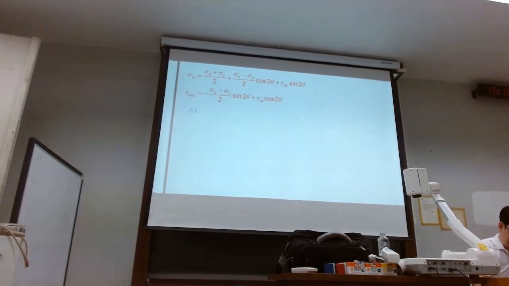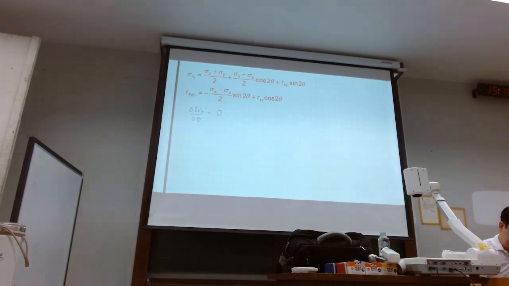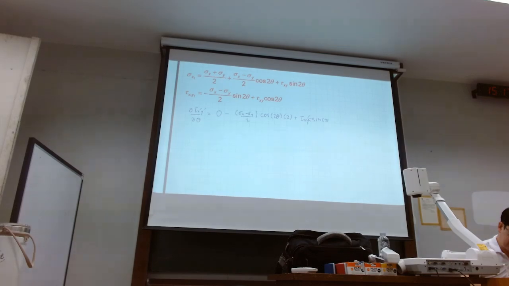So again, we're going to do the differentiation. Tau x prime y prime, this must be 0, and then of course this would be minus cosine 2 theta and 2 tau xy negative sine 2 theta. And again, this must be 0.